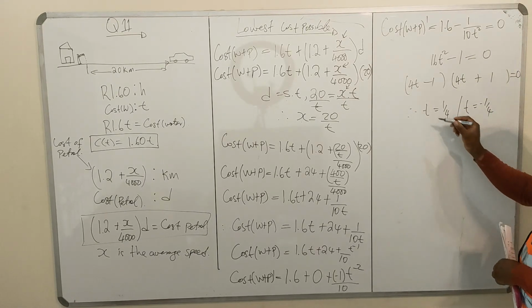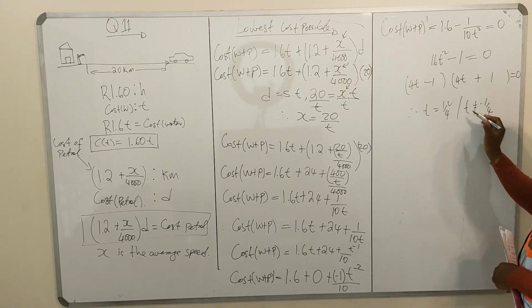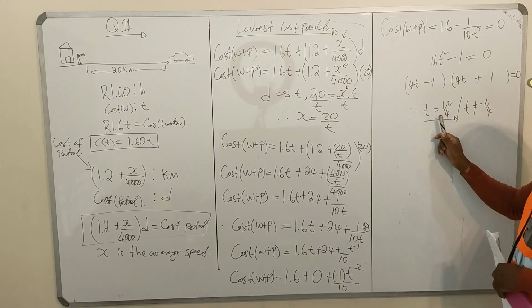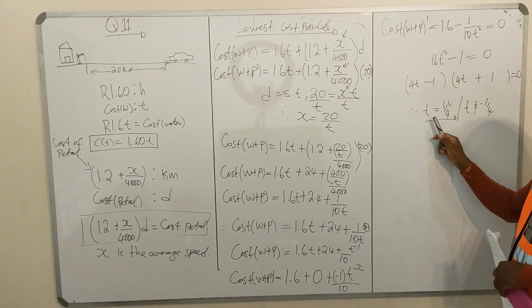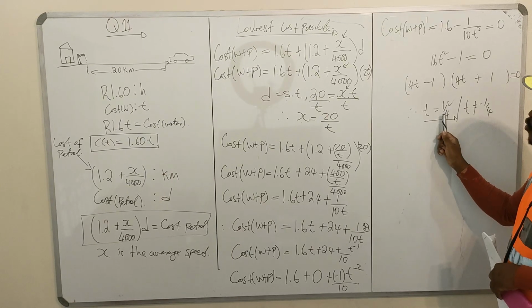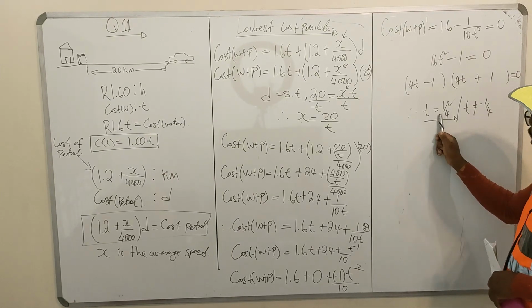So our time is positive, so we'll take this one here. Leave that one. So this is the time that will give you the best possible, lowest possible cost of water and petrol, right?